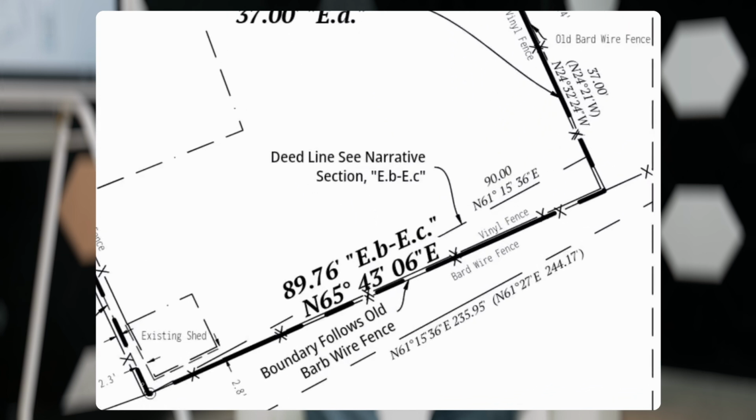Notably there where it's saying C deed line, C narrative, sectional EB and EC. So in this case, the survey itself, this plat map, is referencing what the surveyor's mind state was and the law that he went through to make his boundary retracement determination.